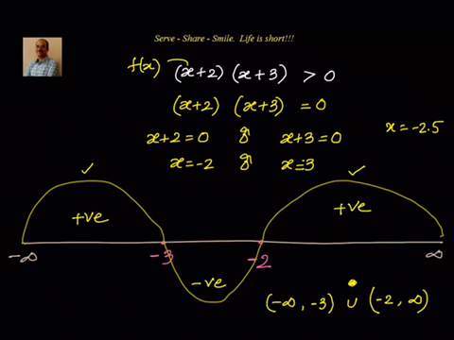If you want x plus 2 into x plus 3 to be greater than 0, then the solution set is minus infinity to minus 3 or any value between minus 2 to infinity, but no values between minus 3 and minus 2 because they are negative. So this is called method of intervals or wavy curve method, because if you are able to find out one section, if it is positive, the other section automatically becomes negative, and again it becomes positive.